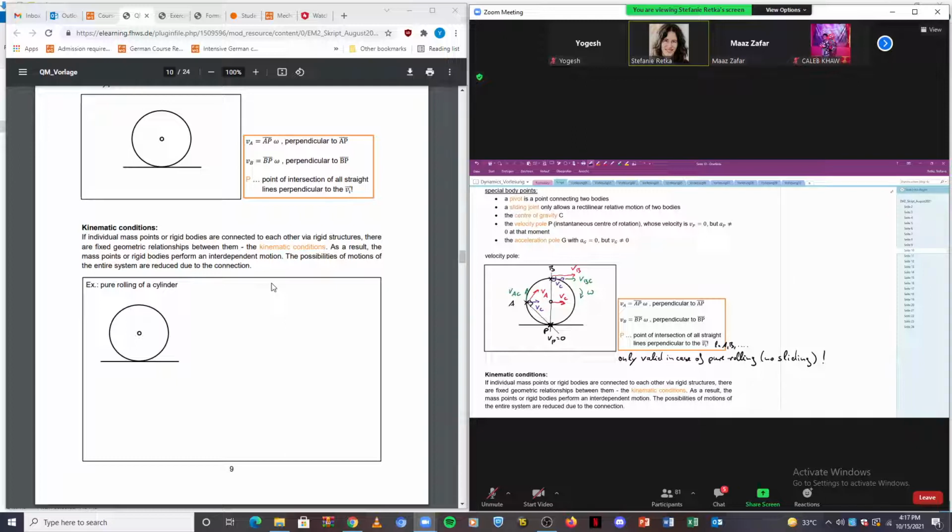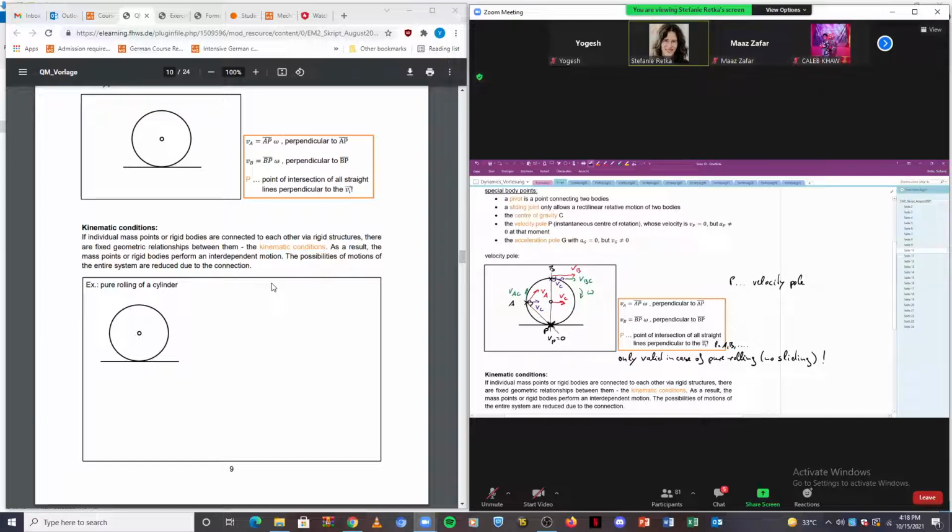Professor, just a quick question. So over here, the line going through the middle, BP, that's the velocity pole, and the AP and the intersection. So we have 2 poles in this diagram? No, P is the velocity pole. And there's 1 point P. So here, this is our velocity pole.